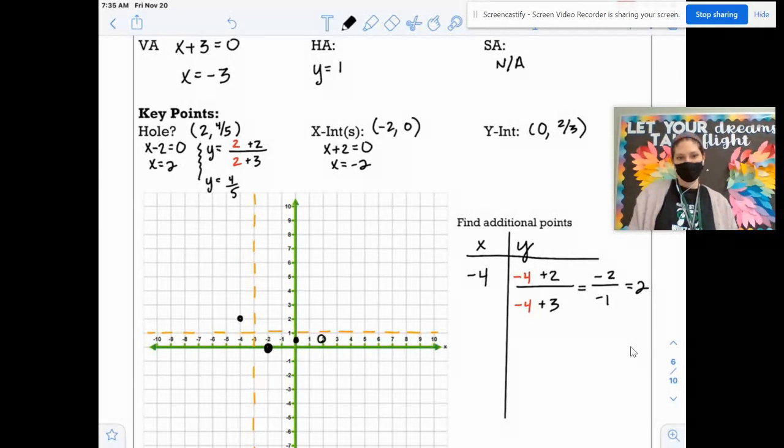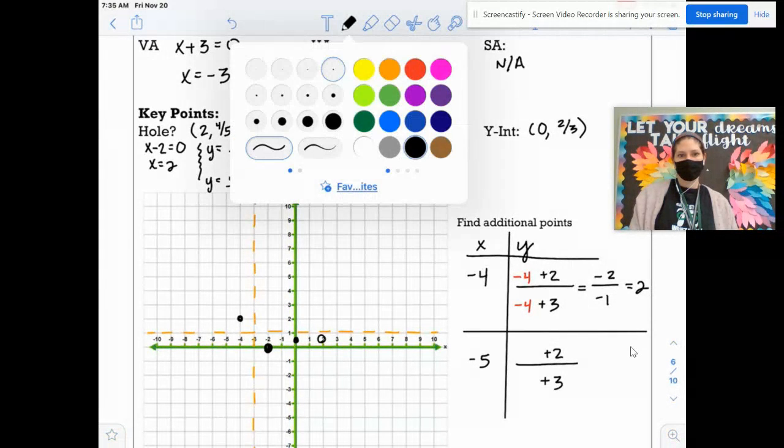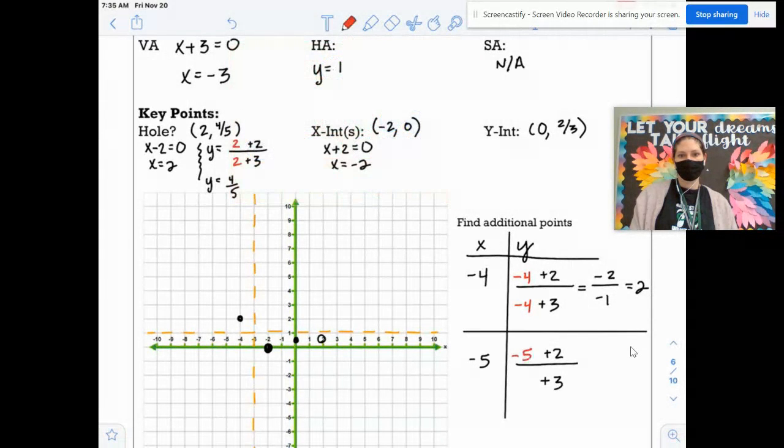Let's see where that will fall on our graph. And so simplifying, I have -3 over -2. So negative divided by negative. So it's about 1.5. So at -5, comma 1.5.